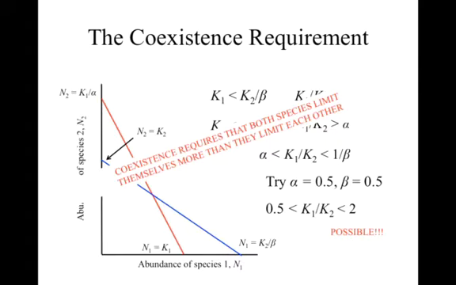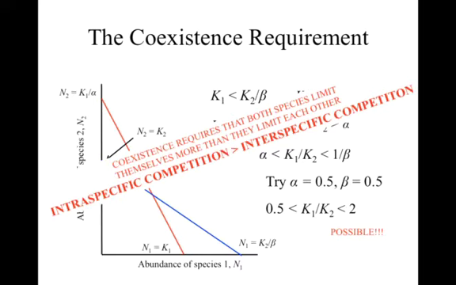Coexistence is only possible when both species limit themselves more than they limit the other one. So what is true for both species, that interspecific competition is weaker than intraspecific competition, right? Or intraspecific competition is greater than interspecific competition. When both alpha and beta are less than 1, that's what you require for coexistence, right?